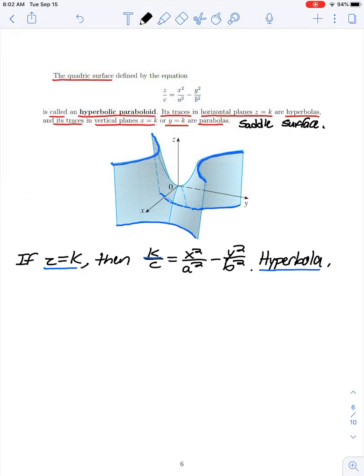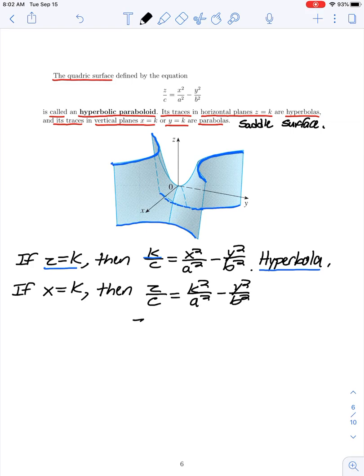Now let's think about our other traces. If we were to consider a fixed value of x, say x equals k, then our equation is of the form z over c is equal to k squared over a squared minus y squared over b squared.